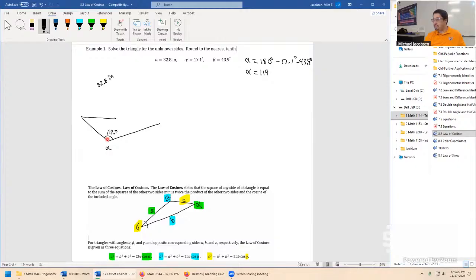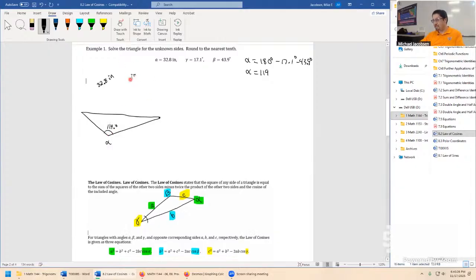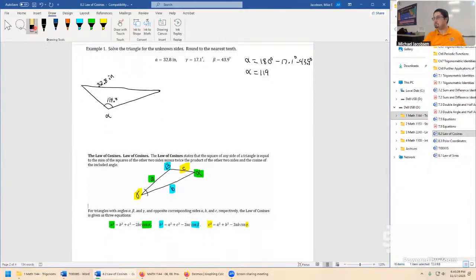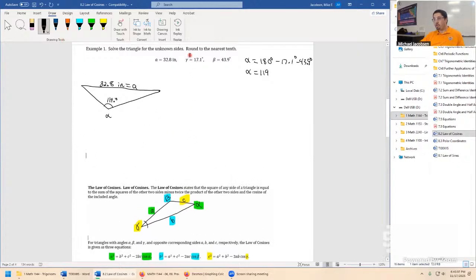Now the side length that I was trying to draw in, 32.8 inches, seems like it could go in right here a little bit more reasonably. 32.8 inches equals A in this problem. All we have remaining is just angle measurements.